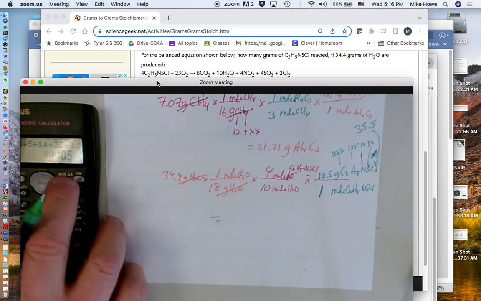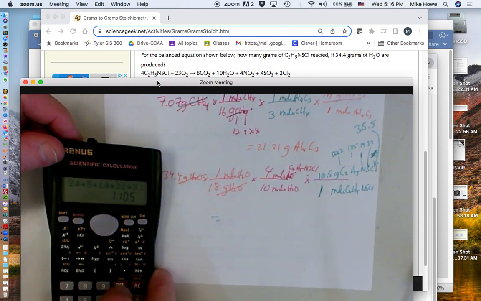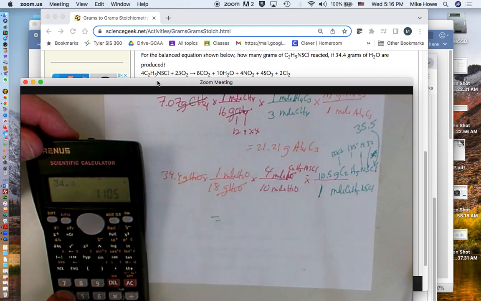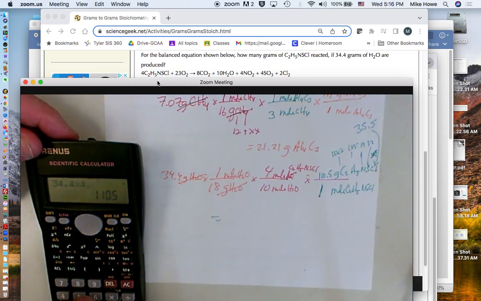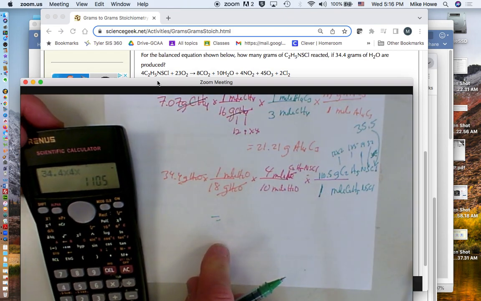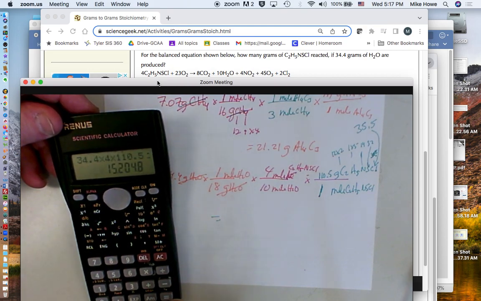So we just multiply everything across the top and divide by everything on the bottom. So we would have 34.4 times 1 times 4 times 110.5. And that's the top number.